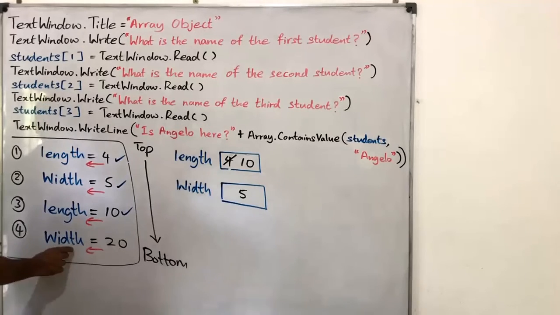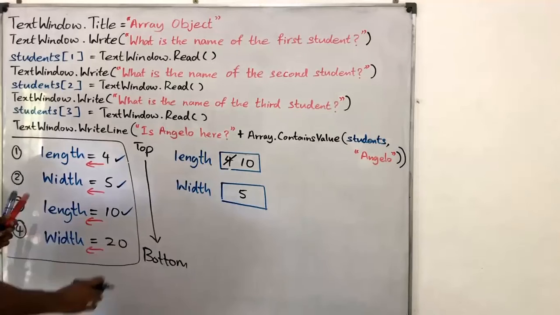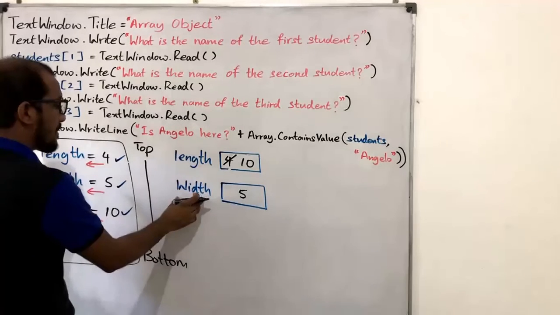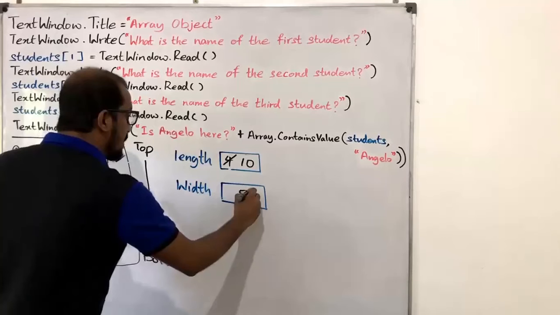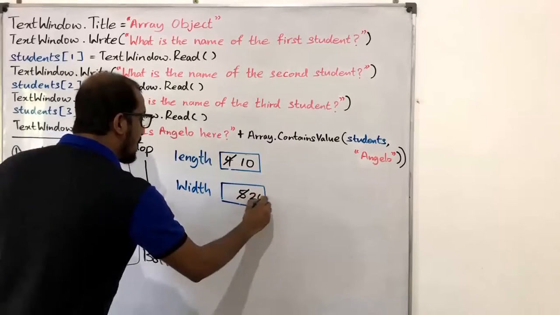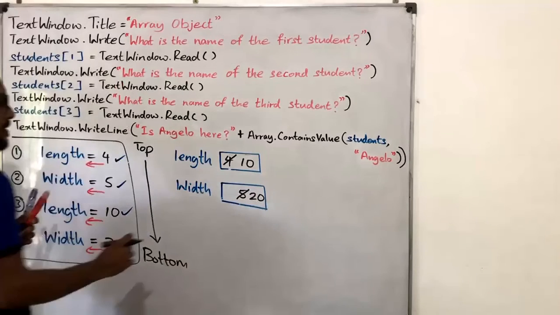So it will give 20 to the already created variable width. By replacing 5, or erasing 5, it will put 20 under the variable width. So now width has the value 20.